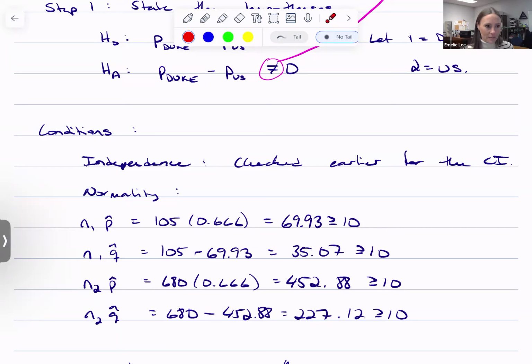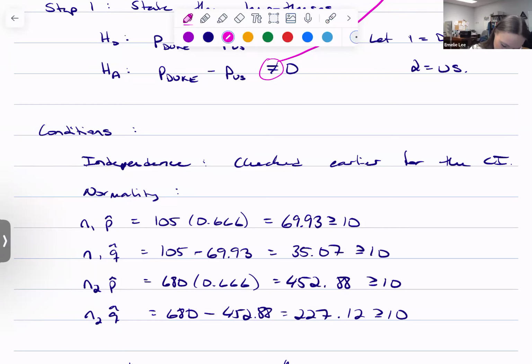So then the normality condition, right, uses p hat. I guess I shouldn't really write on here, but I'll post it. So p hat is the pooled proportion. And this is on your formula sheet, right?